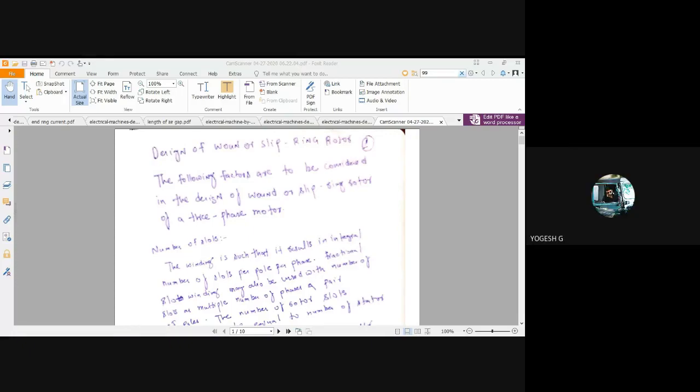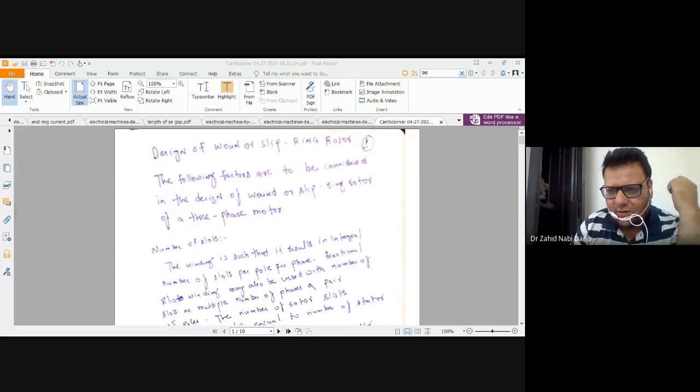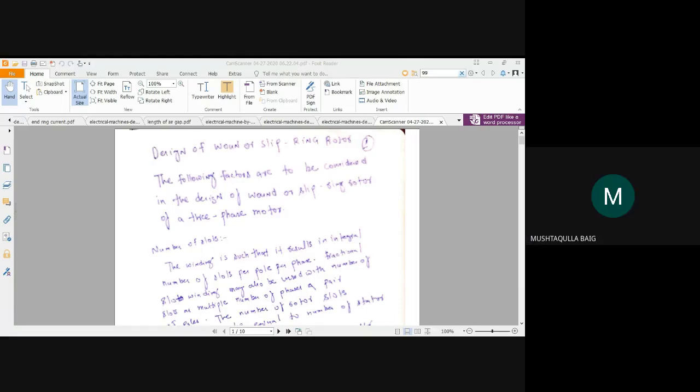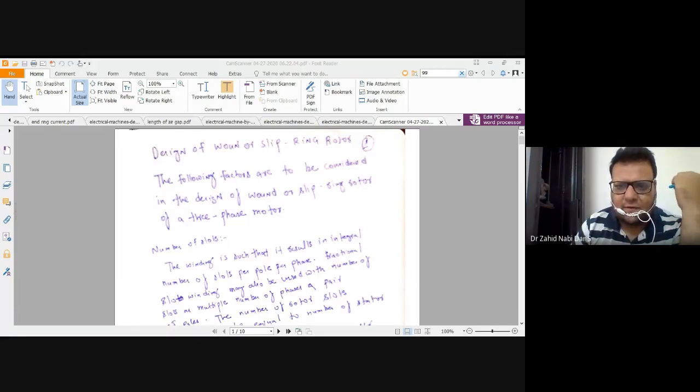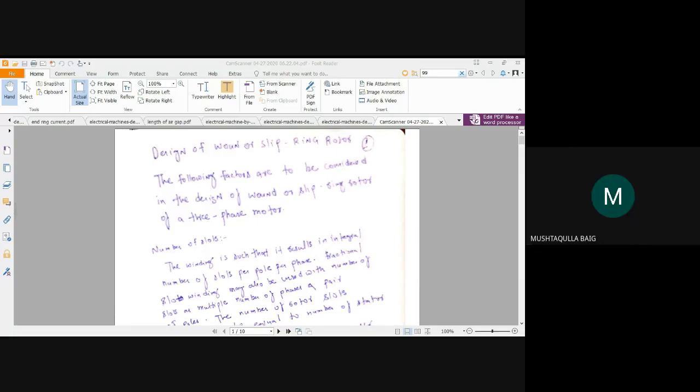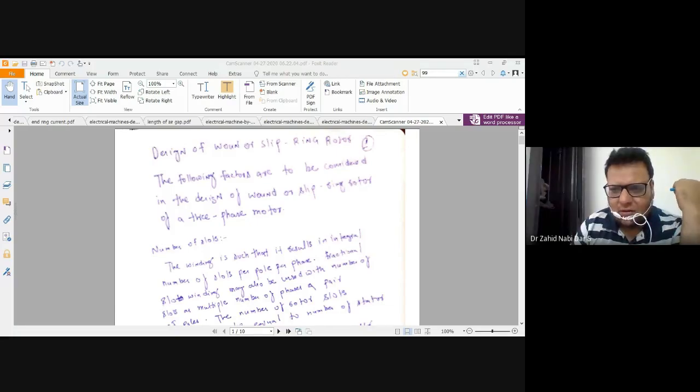Another thing, Yogesh, you tell me what is the difference between a squirrel cage rotor and a slip ring rotor? Mushtaq, you can tell me. Sir, in a squirrel cage rotor, we cannot insert external resistance, whereas in a slip ring rotor, we can insert external resistance.